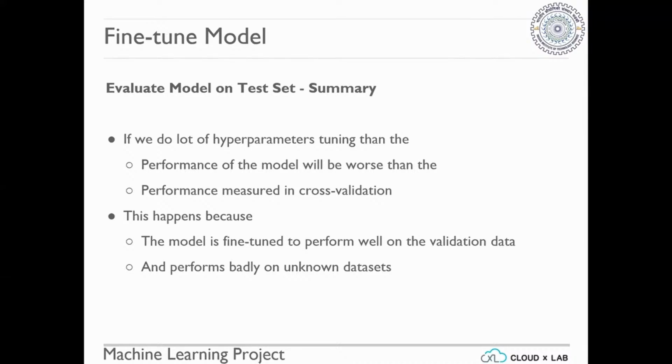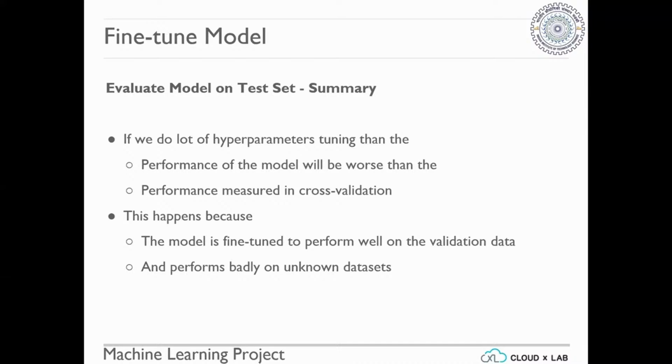This is why we generally do multi-fold cross validation to overcome this problem, and we cut down our search space. For example, we use random grid search to cut down the search space, because we don't want overfitting.